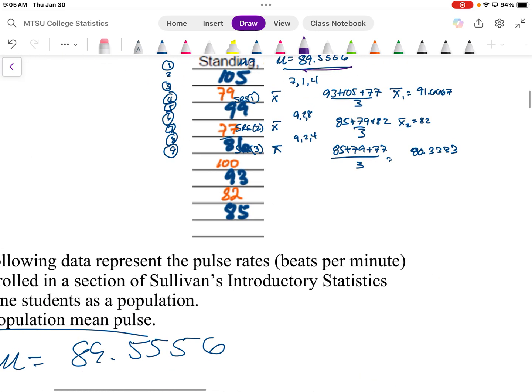So again, I was just playing around in my head, trying to think about how to get close to 89. Maybe if I do 100, the 86, and the 85, and add those 3 numbers up and divide by 3, would I get pretty close? I don't know. That'd be 180, let's see, that'd be 171, 271 divided by 3 gives me 90.3 repeating.